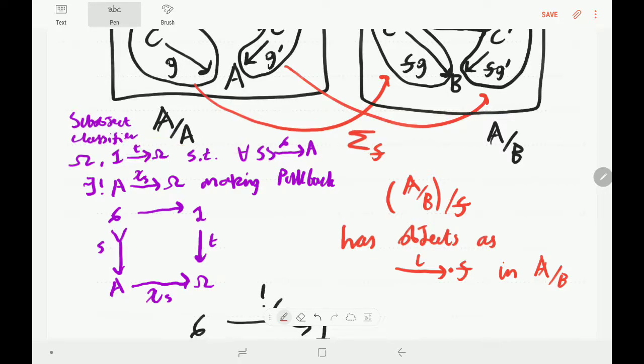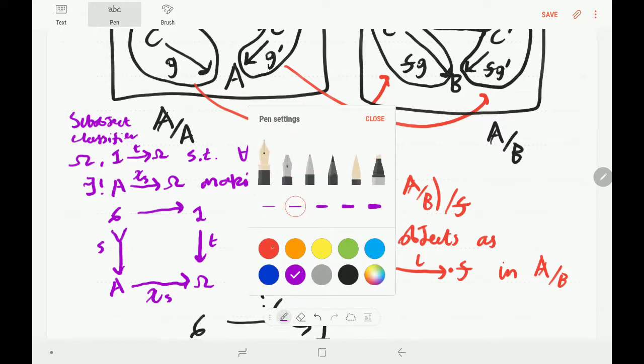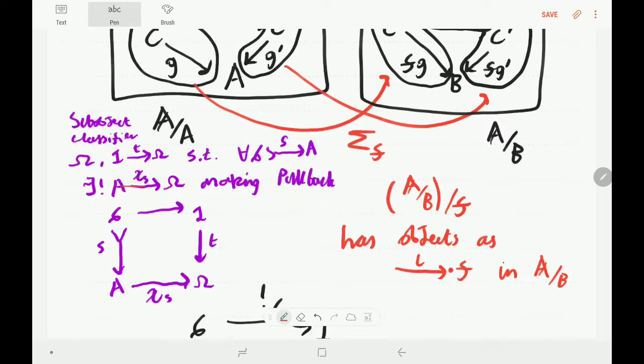We call that true usually, such that for any monomorphism, say a monomorphism S from zeta to A, that's consistent, there exists a unique arrow called chi of S from A to omega, such that S is the pullback of T along chi of S. In other words, we have this pullback square.